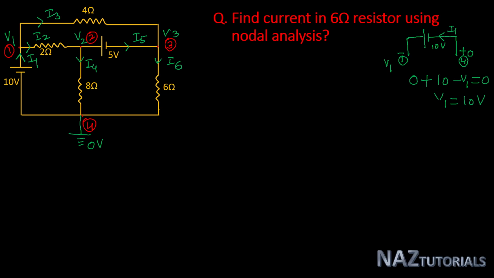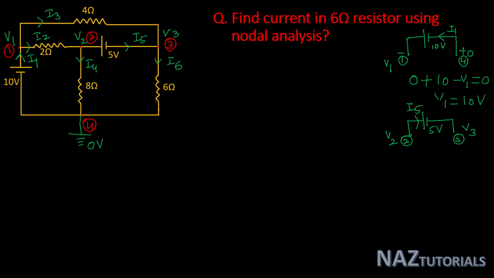Now let's see the other voltage source. This is our 5 volt voltage source. The positive terminal is connected at node 2 and the negative terminal is connected at node 3. This is at V2 volt, this is at V3 volt, and now our current direction is node 2 to node 3, which is I5.